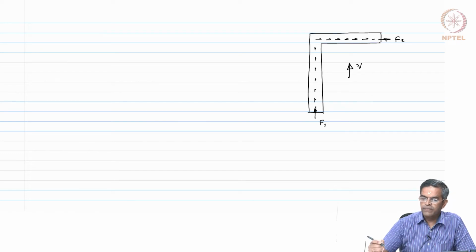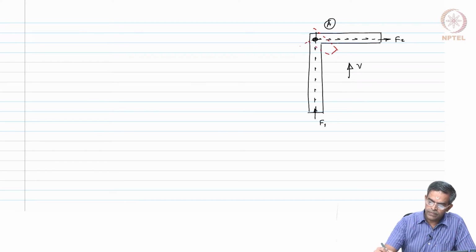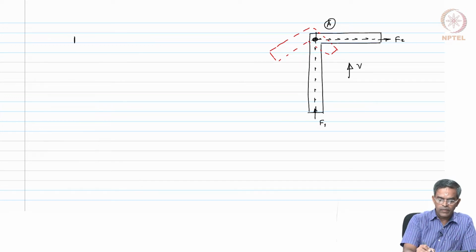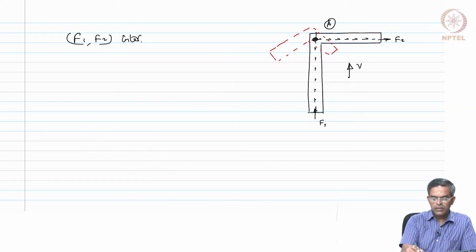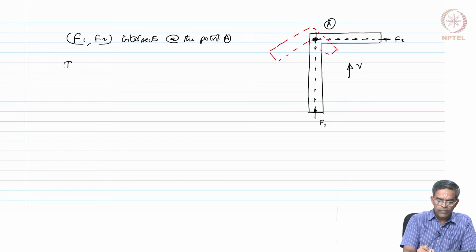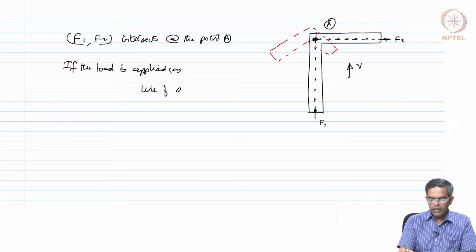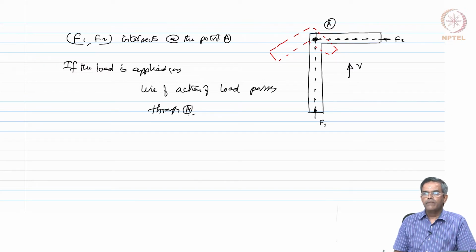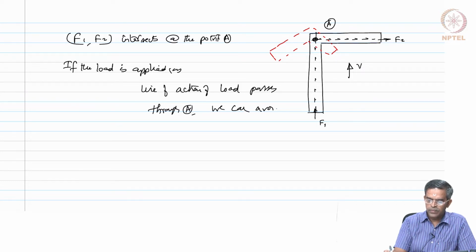If you apply a force V, F1 and F2 intersect at the point A. So one can say that if the load is applied, or the line of action of the load passes through the point A, then one can avoid twisting of the cross section.